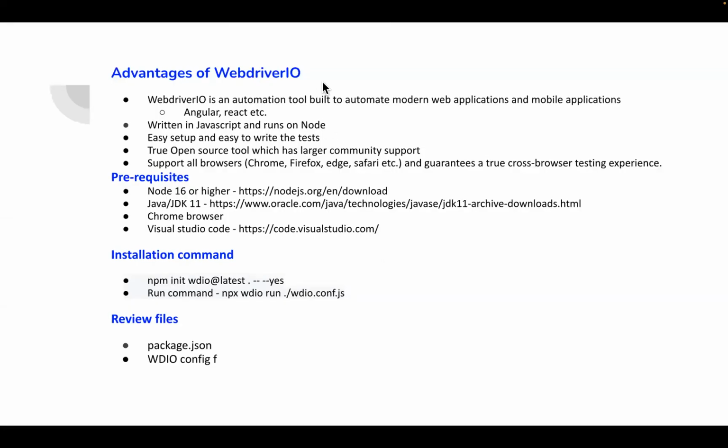First, let me talk about what the advantages of WebDriverIO are. WebDriverIO is an automation tool built to automate modern web applications as well as mobile applications. For example, if you want to automate any application that is built using Angular or React-based frameworks, you can use WebDriverIO.